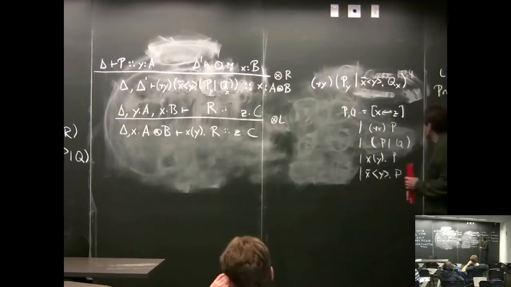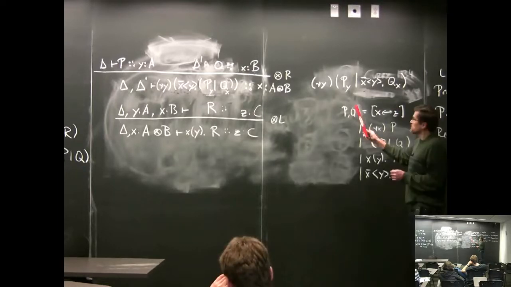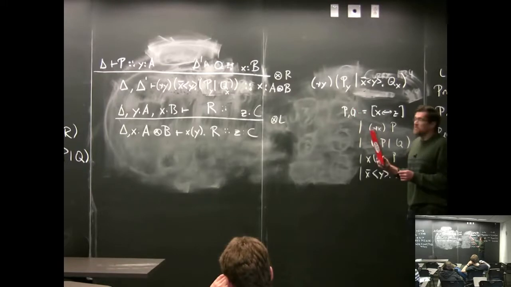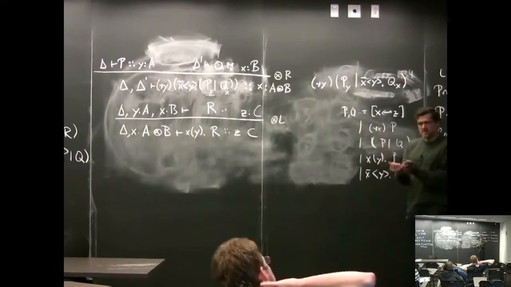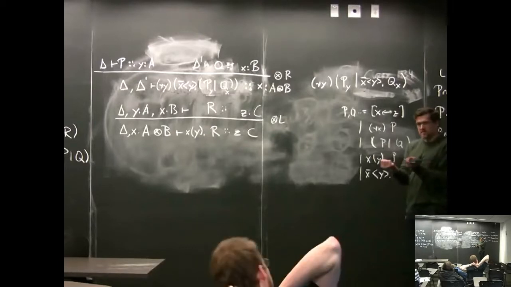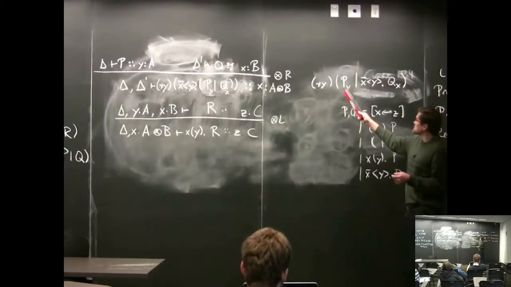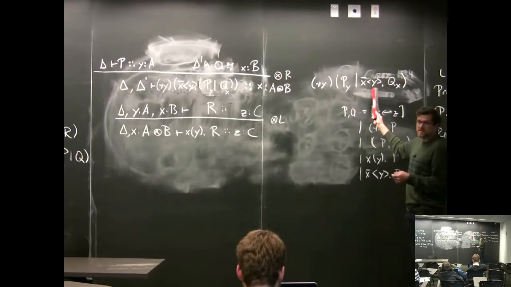So we certainly, P cannot communicate along y until this thing actually happens. However, we do have a little bit more parallelism here. Because if P is itself a computation, like a cut at the top level, that kind of communication could take place before this is sent. You see that?